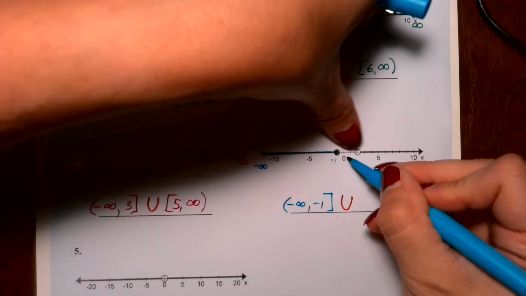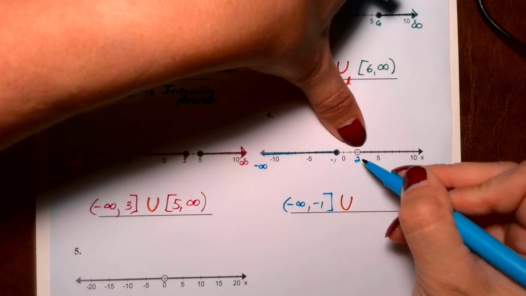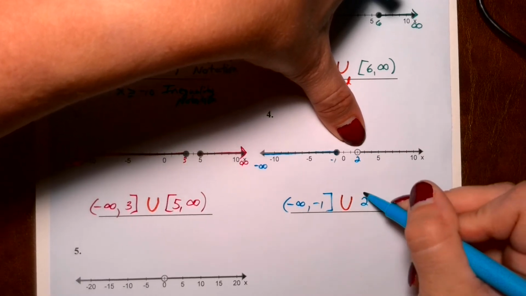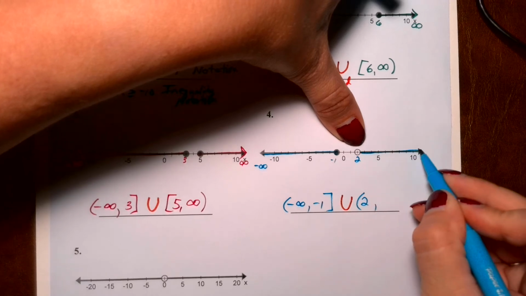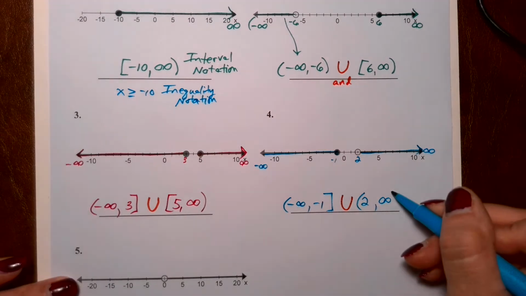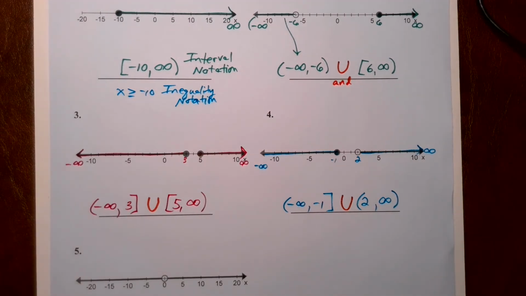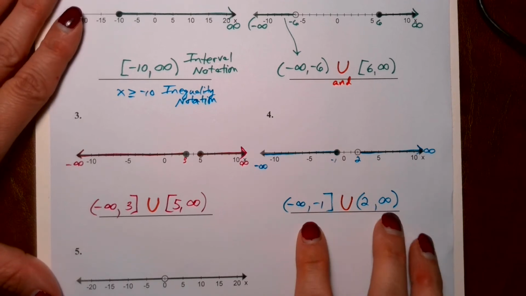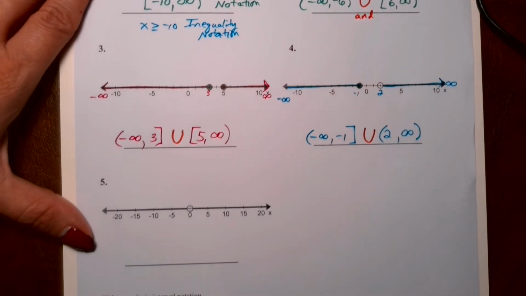We're going to start at 2. 2 is open, it's not being used, so we use a parentheses, and it goes all the way to the positive infinity side. Infinities always get parentheses. A lot of people tell me they like interval notation. It's a little easier to write.